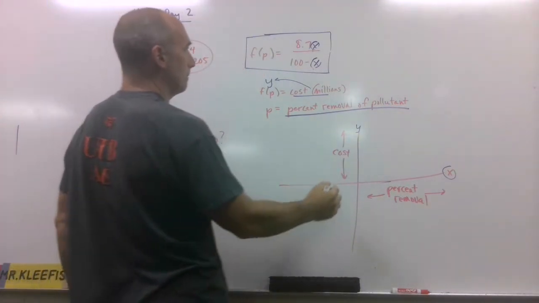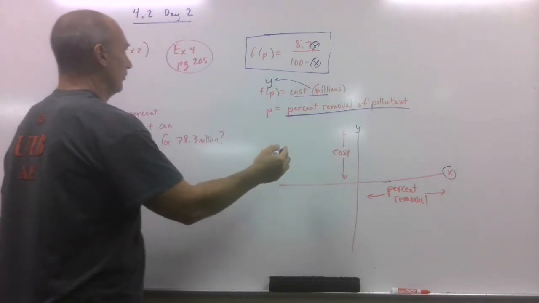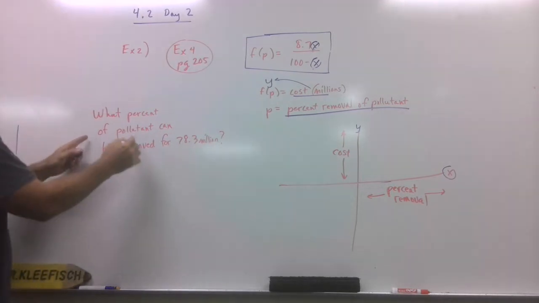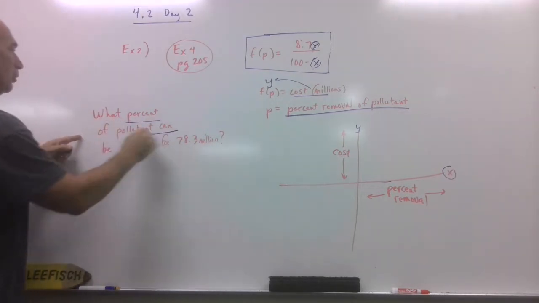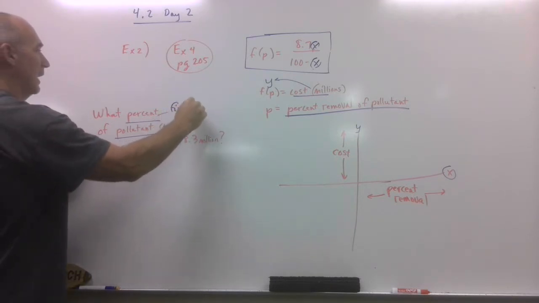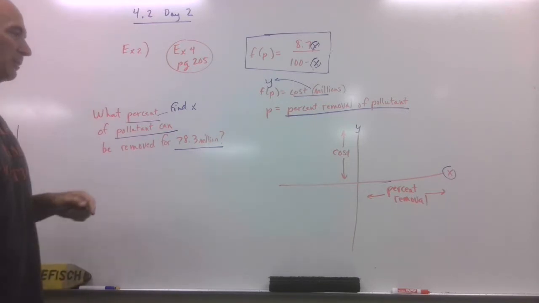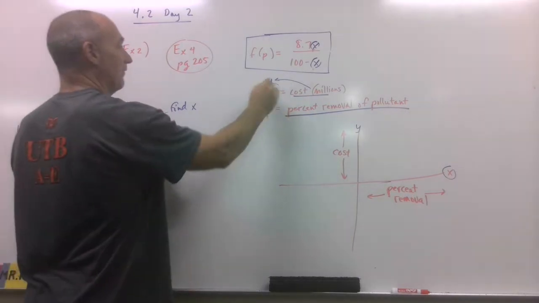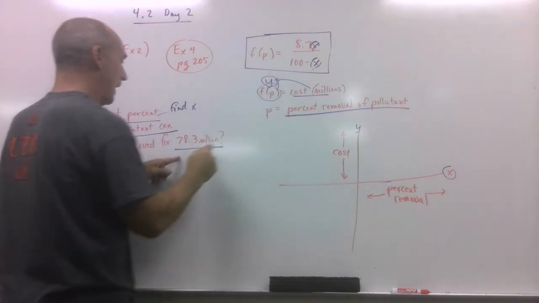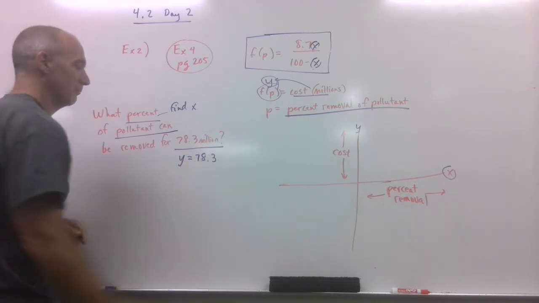So here we go. The first thing we're going to do is look at the question. What percent of pollutant can be removed? That means find x if we pay 78.3 million. You know what that's saying? If f of P is the cost, which is y, we're saying let y equal 78.3 million.